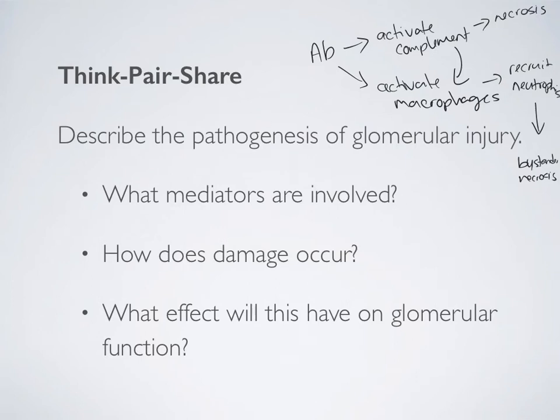And it's important to understand this when we talk about the clinical syndromes associated with glomerular damage. But the damage is really occurring because of either complement or leukocytes from inflammation. Either way, you're going to cause damage to the glomerulus.